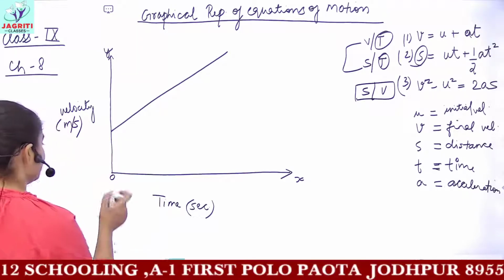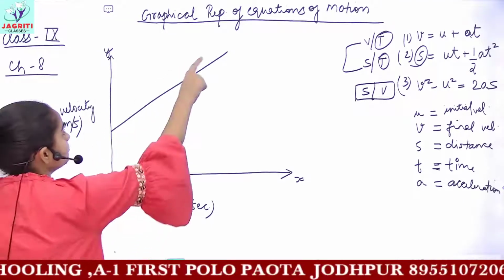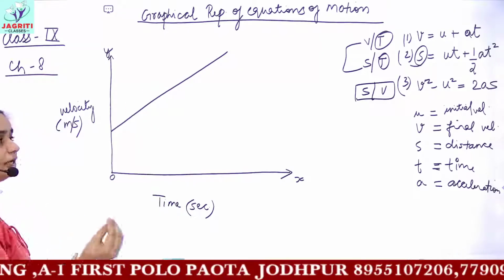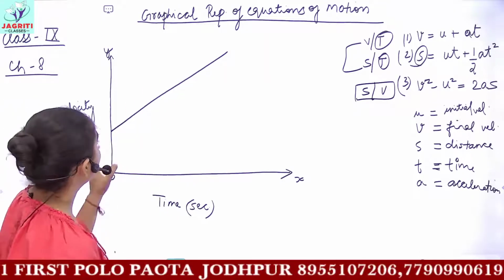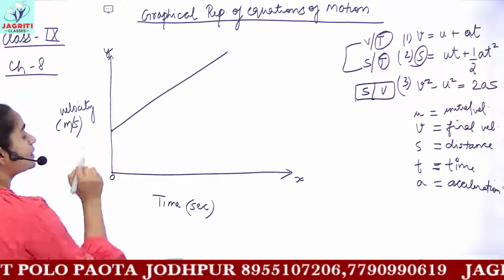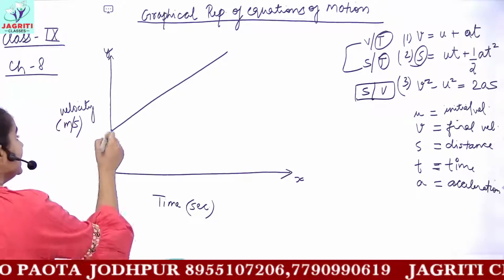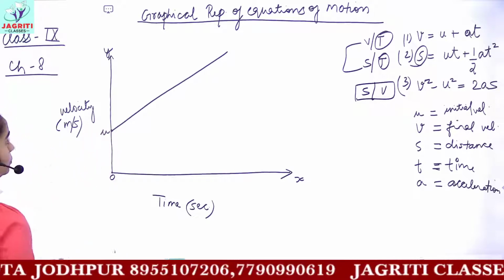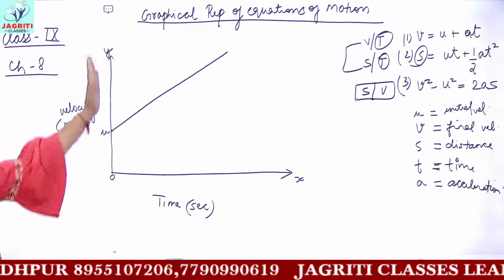So follow with me. This graph, a straight line graph, shows you a journey of any object. So you'll write that, let's suppose we have an object whose initial velocity is u. We are showing velocity on y-axis.